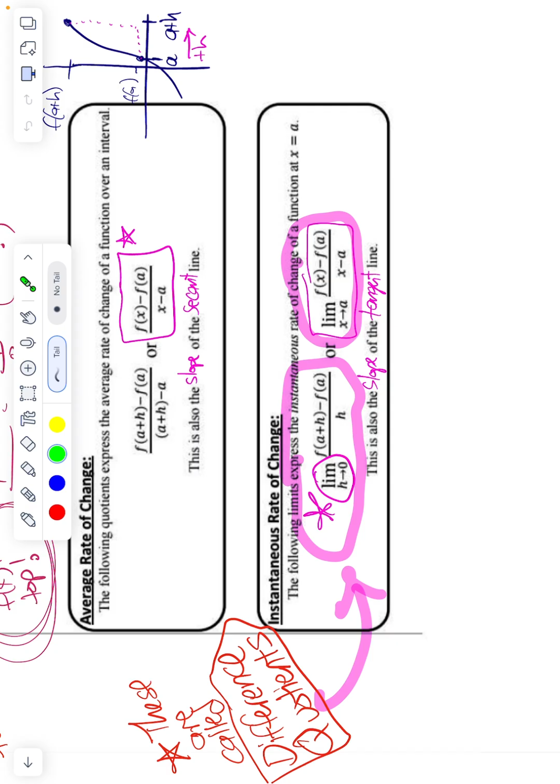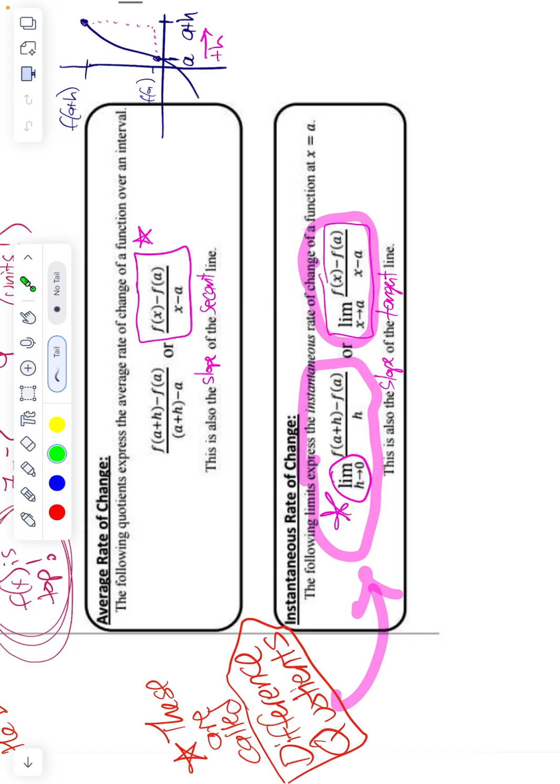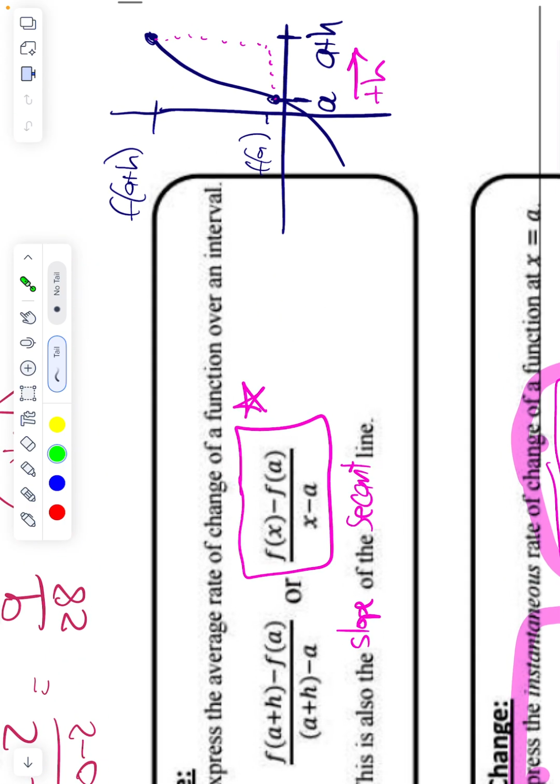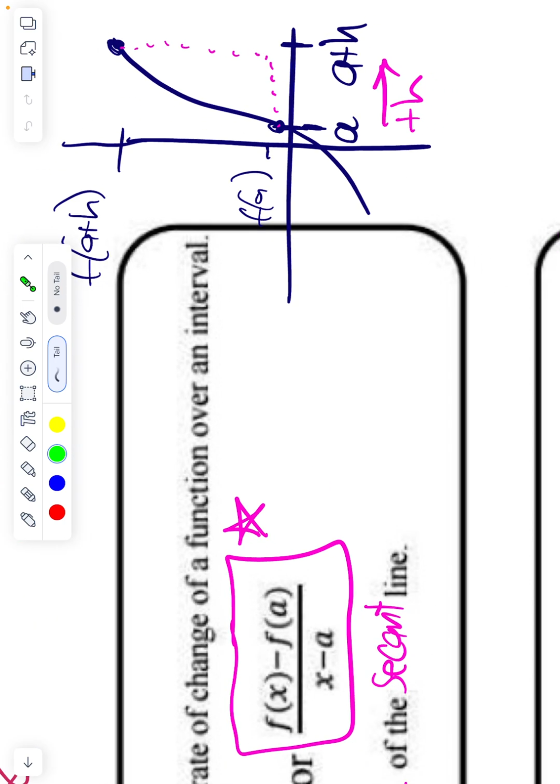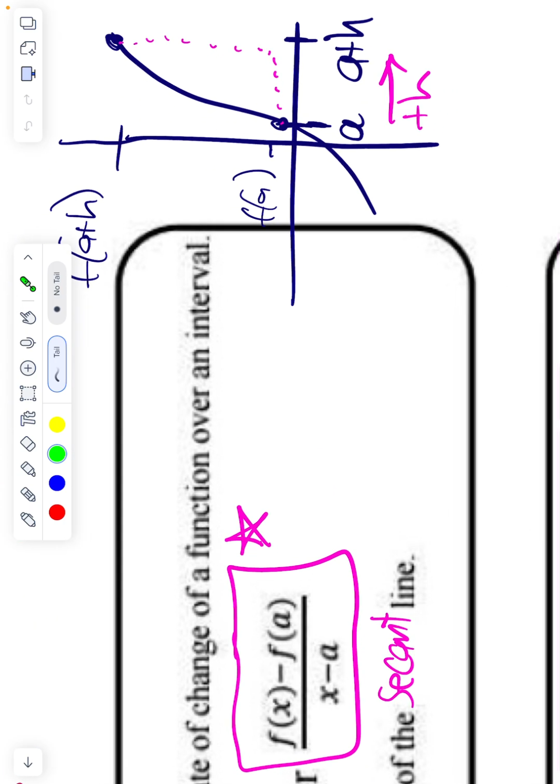Let's just quickly remind you what these say. Remember, I kind of did it over here, so let me use this picture. As we take this point or any point on the curve closer and closer to our original point, that H value becomes closer to 0, and we're approximating and becoming the slope of the tangent line, right?